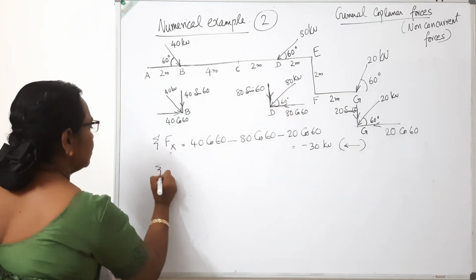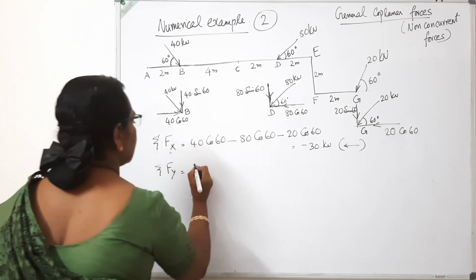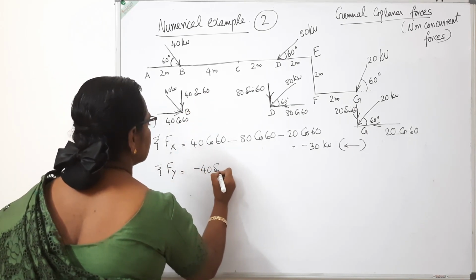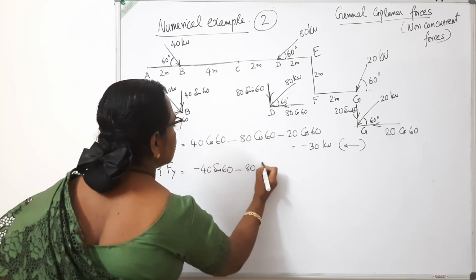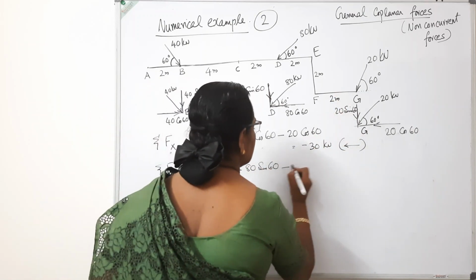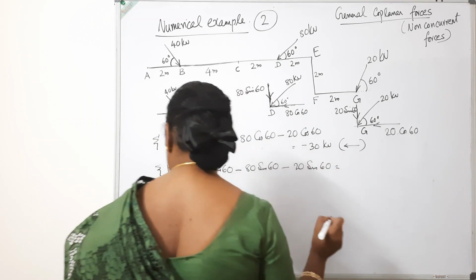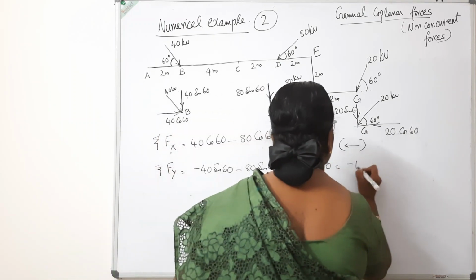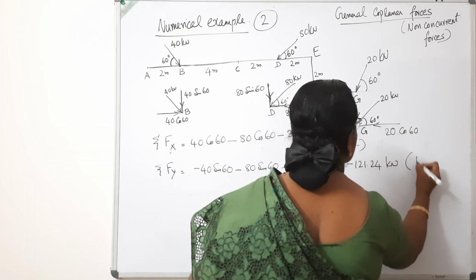Now sigma Fy, 40 sin 60 downward, so minus 40 sin 60, minus 80 sin 60, minus 20 sin 60. Together it works out to minus 121.24 kilonewton. So it is also downward.